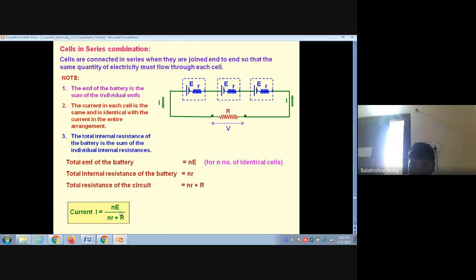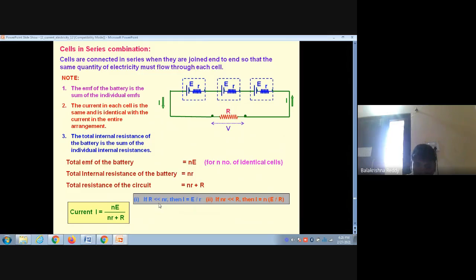So I can write I equal to n into capital E by n into small r plus capital R. Simple, isn't it? I equal to V by R, Ohm's law. From there I can write I equal to V, in the sense total voltage n into E, in the denominator n into r plus capital R. Now, in this first case, if capital R is less than n into r, then I equal to E by r.